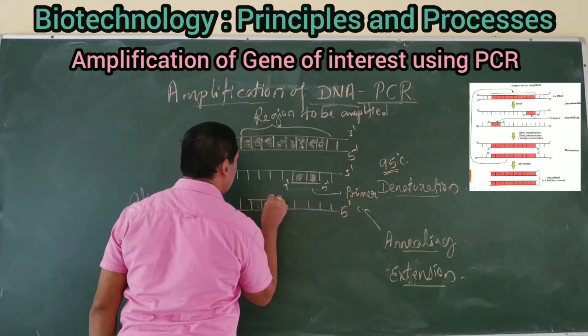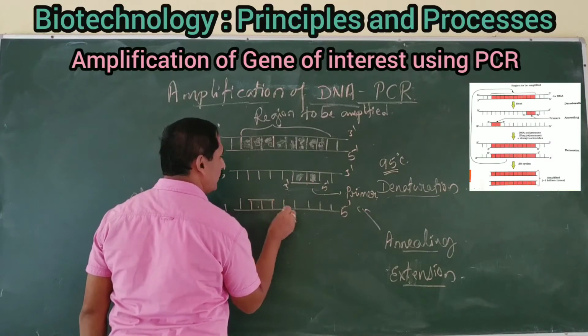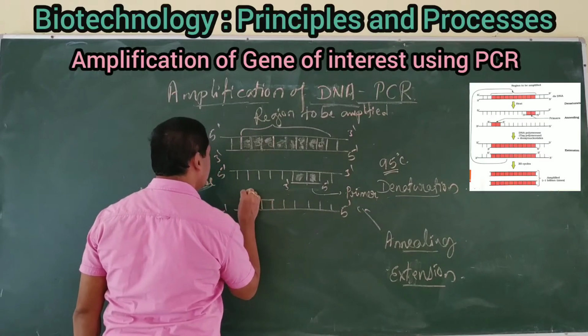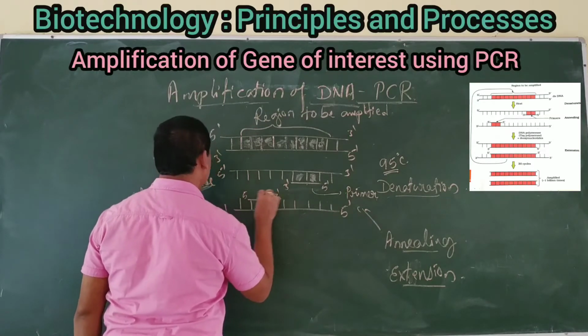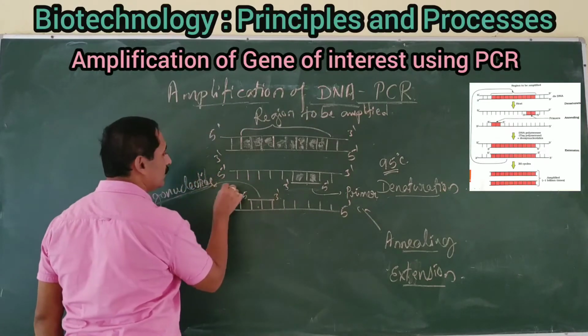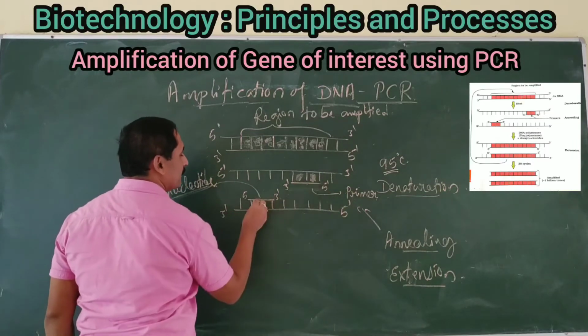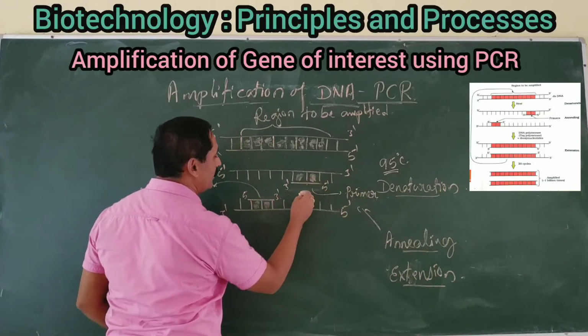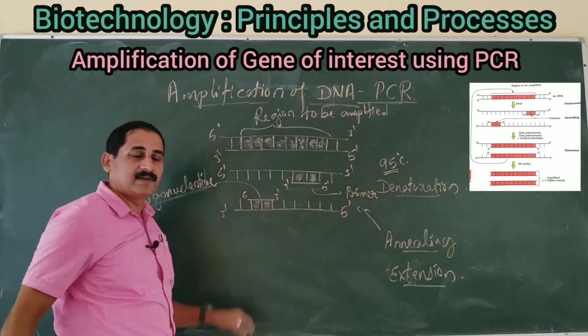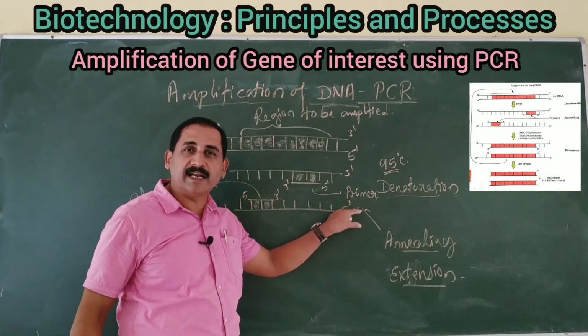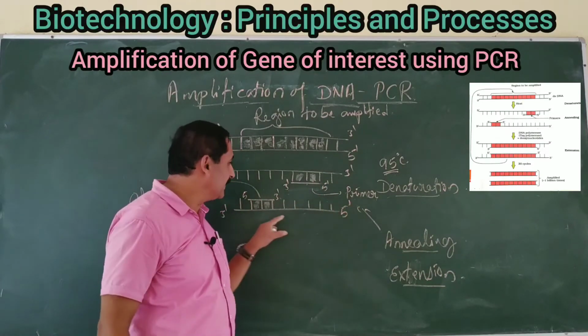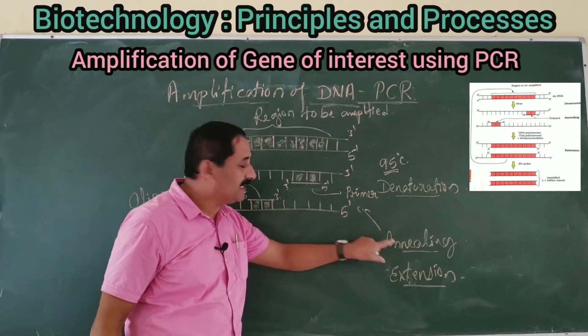This RNA primer forms a small annealing in the 5' to 3' direction. This oligonucleotide is the RNA primer, and it starts the formation of the new strand. That process is called annealing.